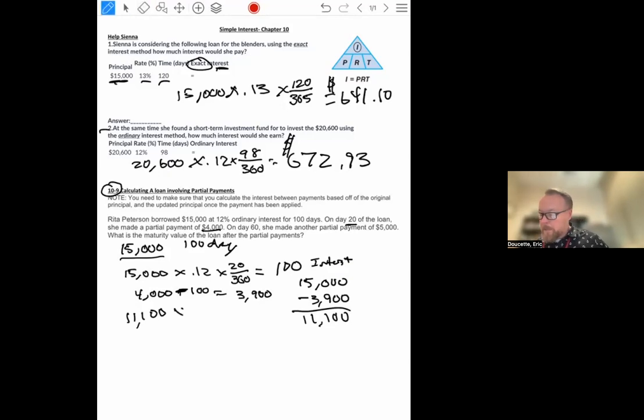We're going to multiply that by 12% interest, and by the days. Now, if it's day 60 and we already had one payment on the 20th, how many days is left? 40. So from day 20 to day 60 is 40 more days. We're going to figure out how much interest she accumulated over those next 40 days. We do the math on that, and we realize that's $148.